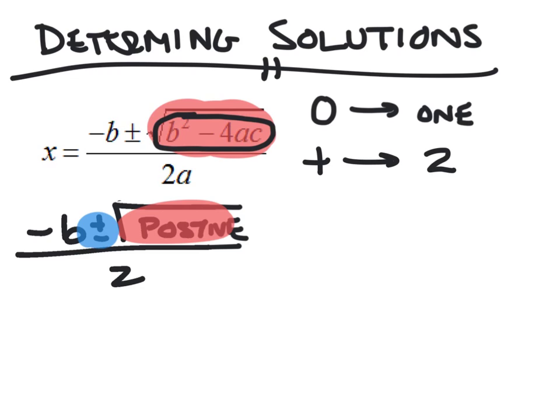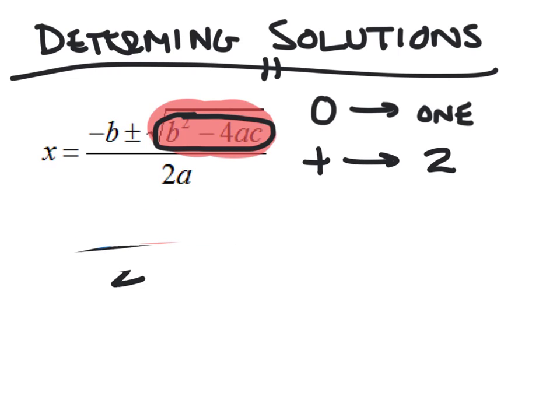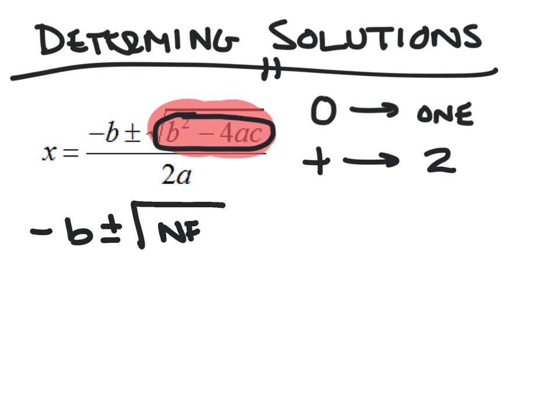Now, the last case of what could go inside of there would be a negative. At this stage, the square root of a negative does not create what we call a real number. In other words, if you had the negative b plus or minus the square root of a negative number, like negative 5 or negative 6 or negative 15, that, for you and I, would cause us some serious trouble.